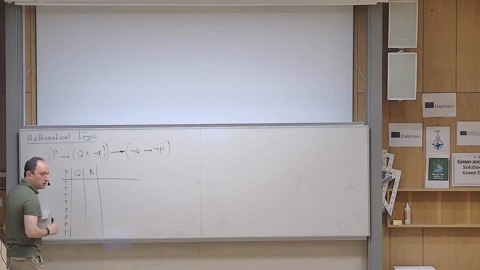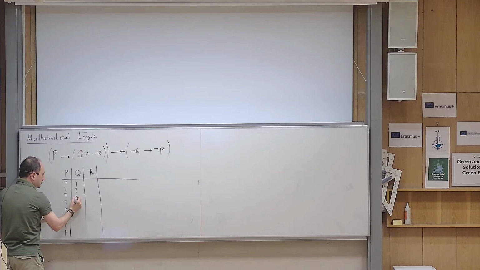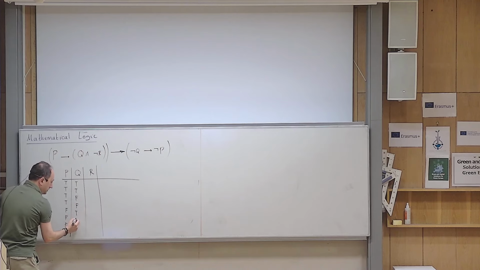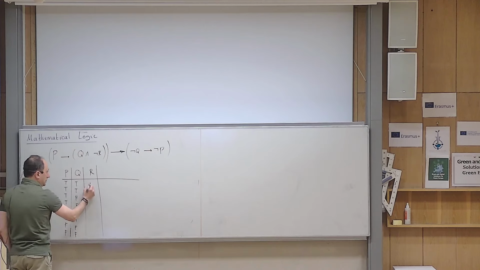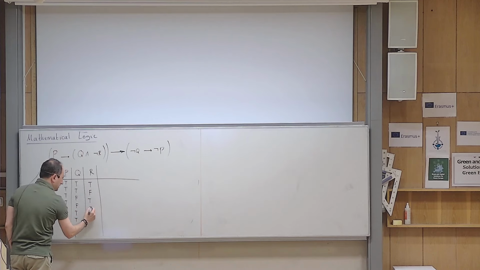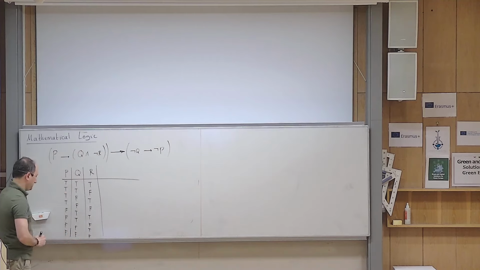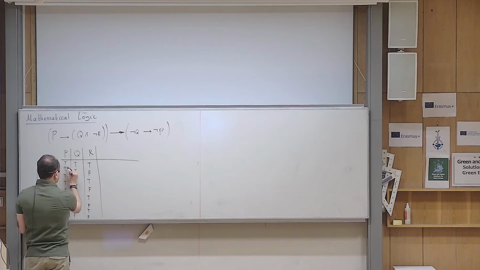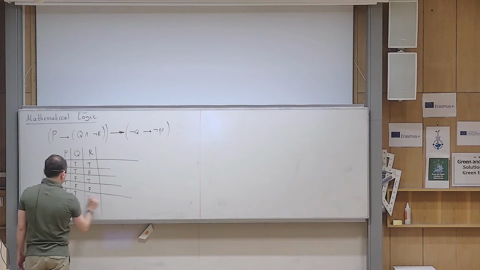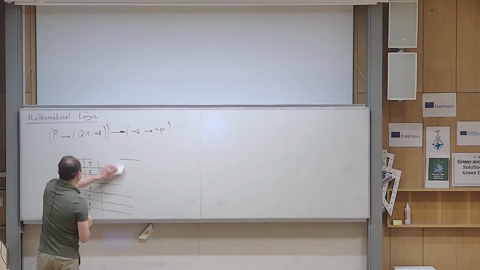So what happens for Q? What do you think I will do here? TT and FF, TT and FF. And then the last one, TF, TF, TF, and TF. If you don't mind, let me draw some lines here. Okay, so let me do it properly.